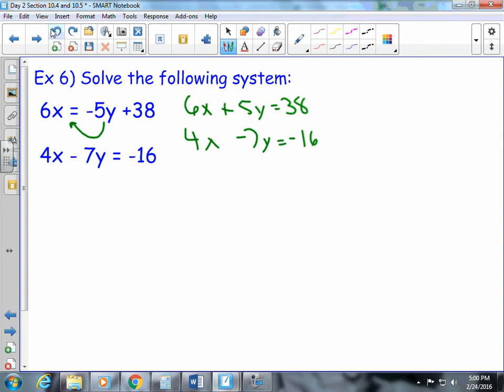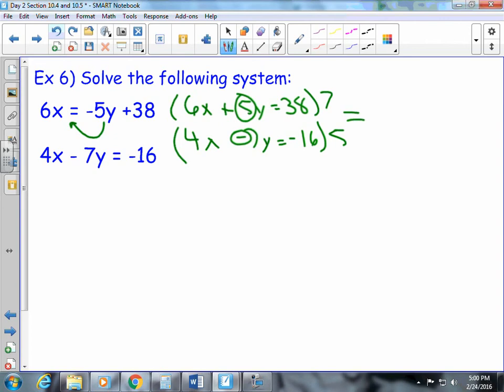So if we were going to pick a variable to eliminate, again, what I notice is that these two are opposite. So I'm going to work with that. I'm going to take this coefficient, 7, and multiply this entire equation by that 7, and take this coefficient of 5 and multiply this entire equation by 5. When I do that, I will rewrite it again.